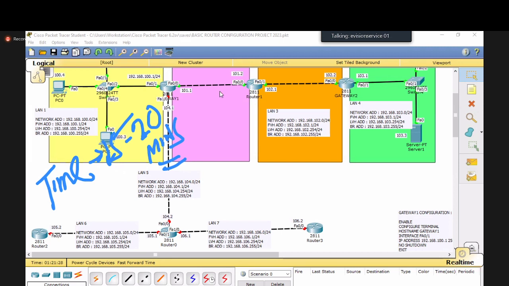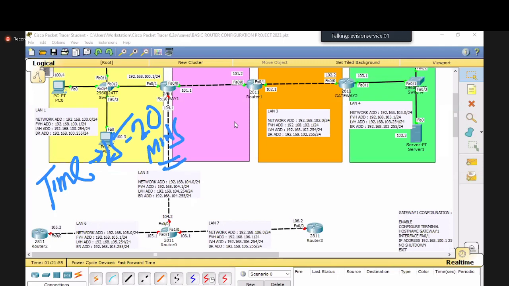Yes, Daya. Sir, actually, I missed 2 or 3 classes, so I installed Cisco Packet Tracer and logged in to the laptop. Yes, you do the project then. No, sir, I can't do it, because I missed 2 or 3 days of classes. Okay.